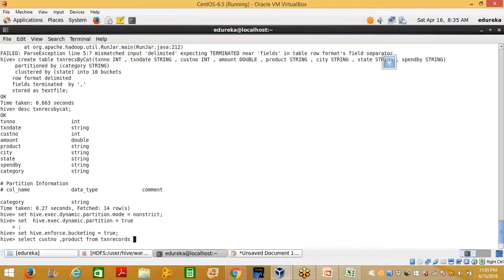I was just trying that also; without that also it didn't work. Where amount equals, where amount is equal to select max of amount from TXN records.